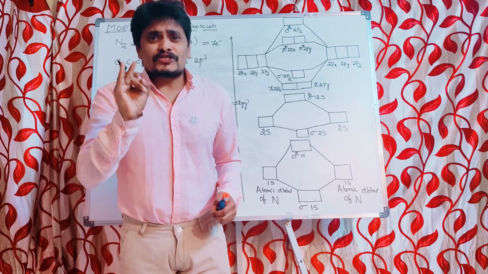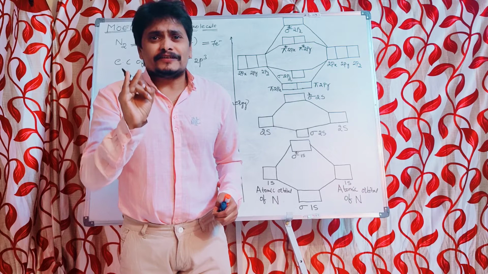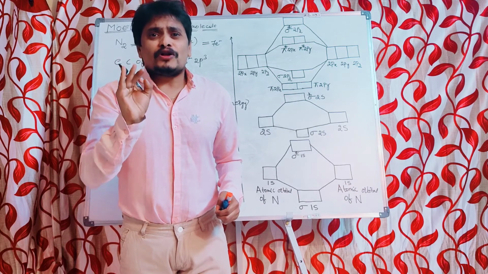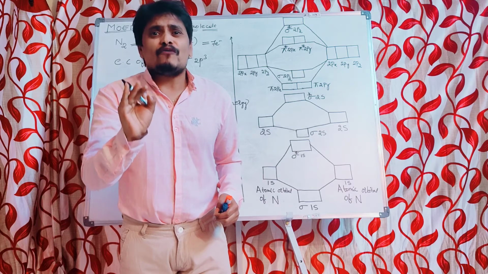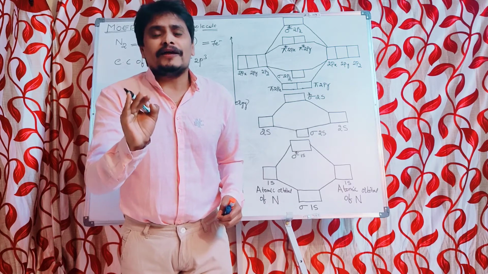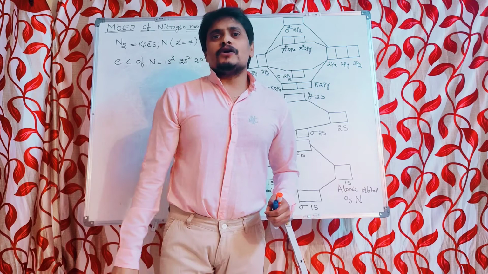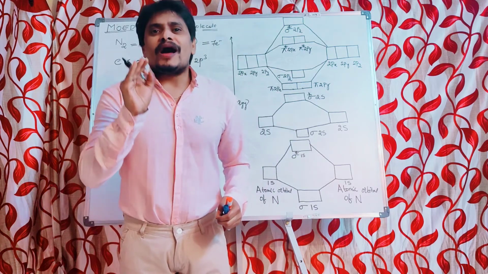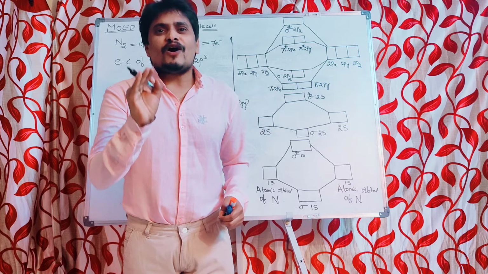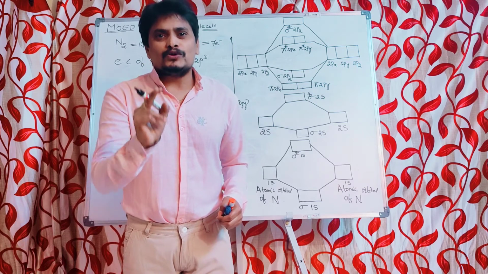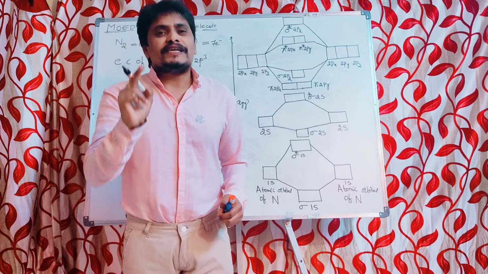The second postulate is that the number of molecular orbitals formed is equal to the number of atomic orbitals combined. Do remember, students, to keep these two postulates in mind.